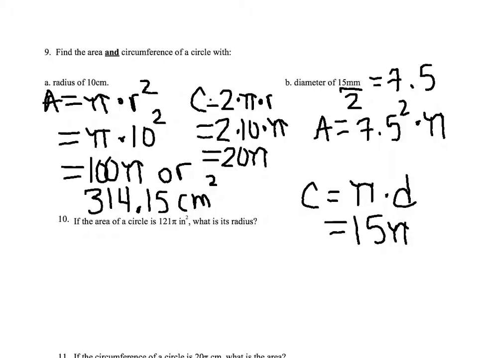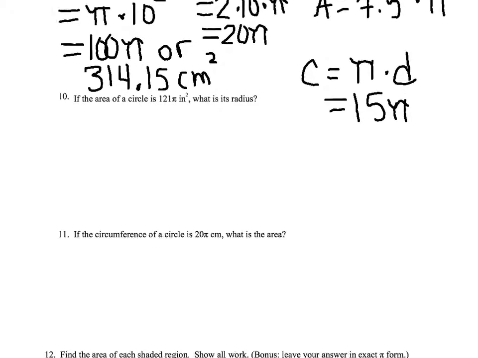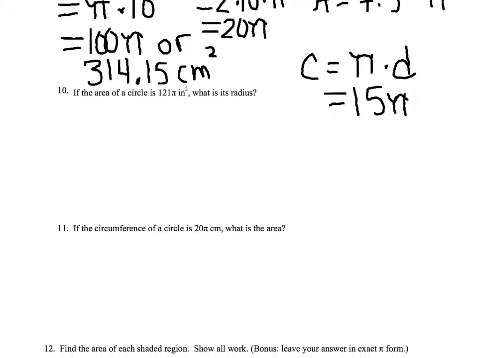Okay, the next one asks you a little bit more of a question. It says if the area of a circle is 121 pi inches squared, what is its radius? So what we know about an area, we know area is equal to pi r squared. In this situation, we want to find the radius. We have the area.